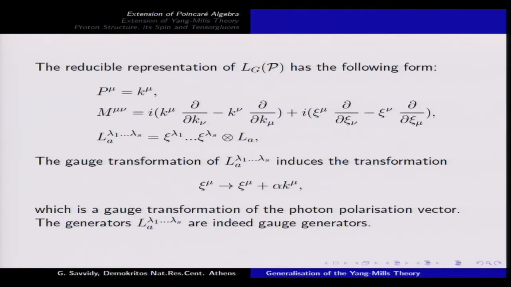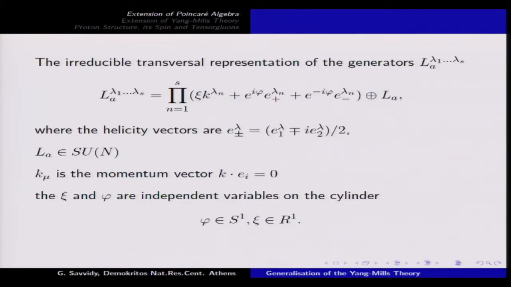It also has these L A generators, and therefore indeed it fulfills the current algebra. You can also see that the transformation which I showed in the previous transparency is actually the transformation of this vector xi by shifting it by some alpha times q mu. So indeed these are gauge generators.